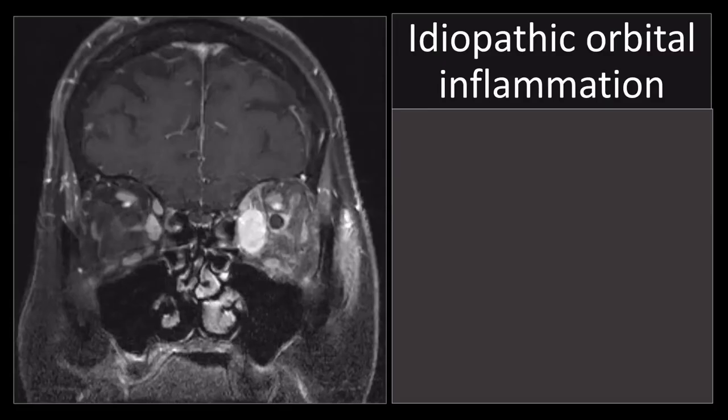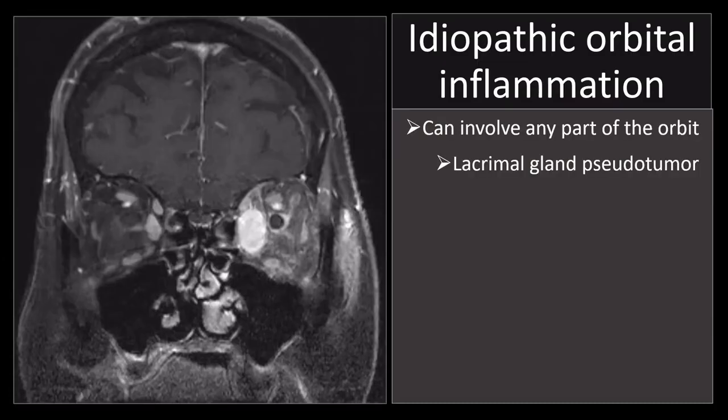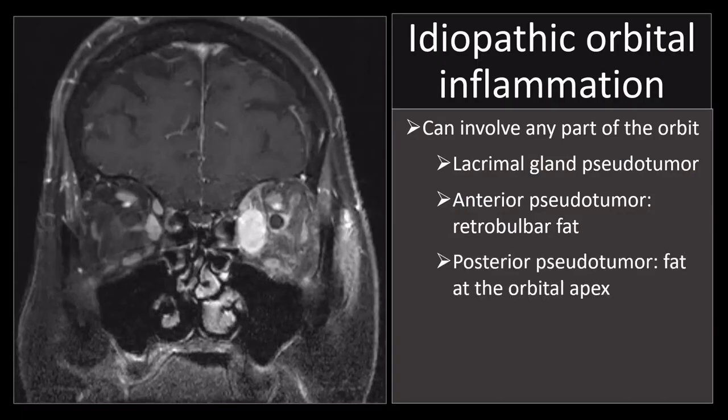Idiopathic orbital inflammation, as said already several times, can involve all aspects of the orbits, not just the extraocular muscles. It can be found in the lacrimal gland, causing a lacrimal gland pseudotumor. It can be found in the orbital fat, both in the anterior orbital fat, and then we call it anterior pseudotumor, as well as in the orbital fat at the level of the orbital apex.